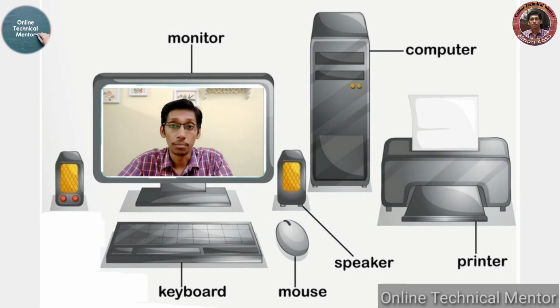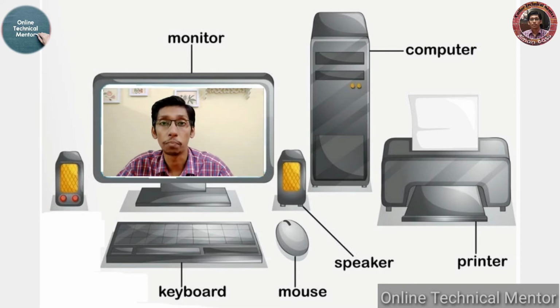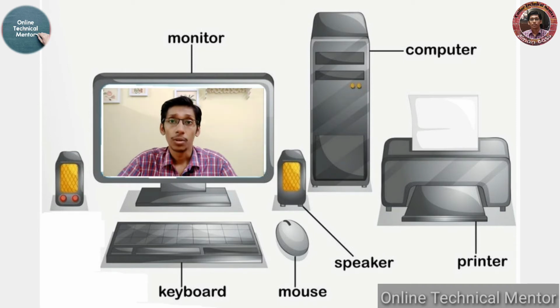So the word computer comes from the word compute, which means to calculate. A computer normally is considered to be a calculating device that can perform arithmetic and logic operations at an enormous speed. A computer is sometimes referred to as a data processor. Now let's see the definition of computer first.